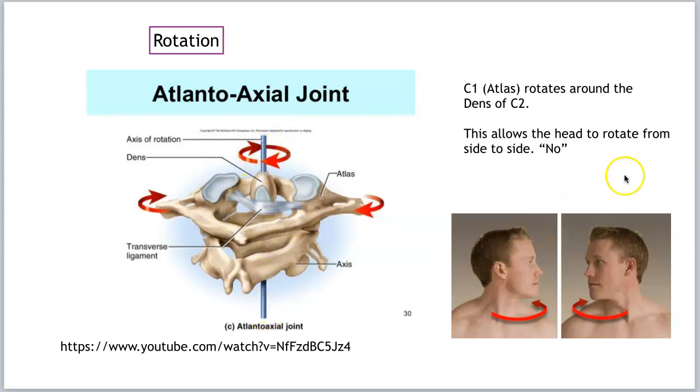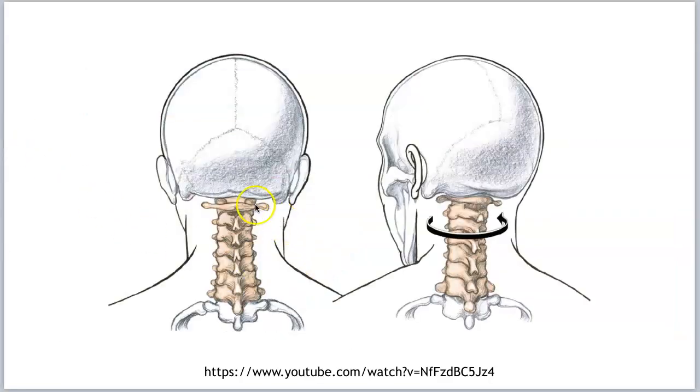And this allows your head to rotate from side to side, and you're able to shake your head and say no. Here it is from the back side, showing you C1, C2, turning your head, rotating it from side to side.